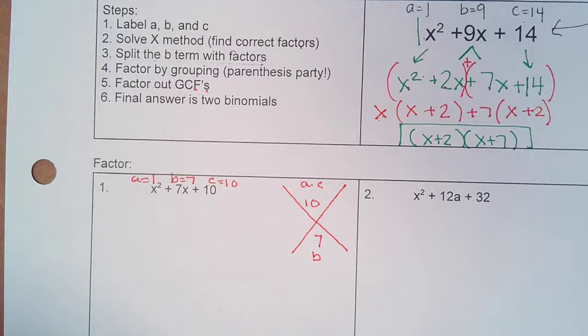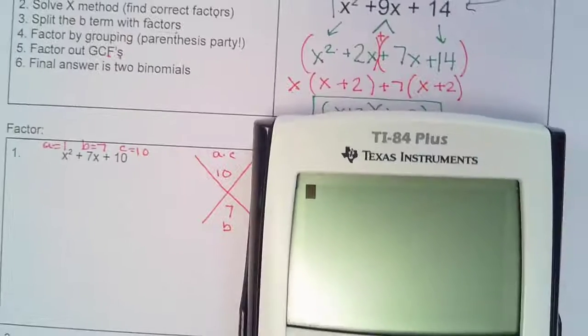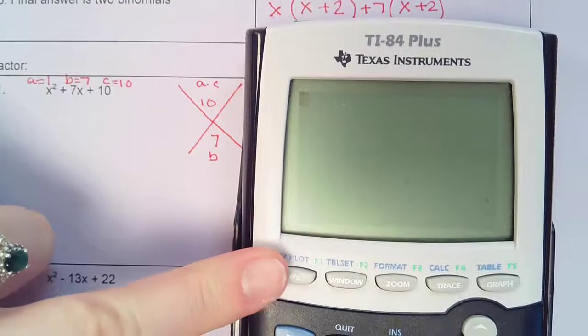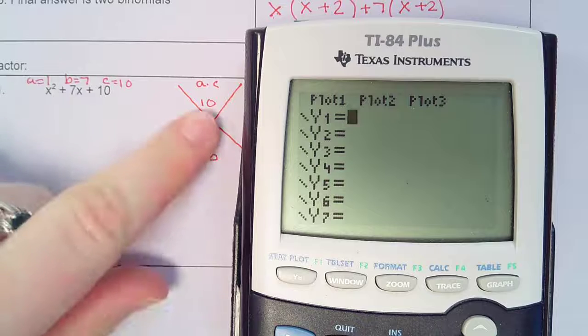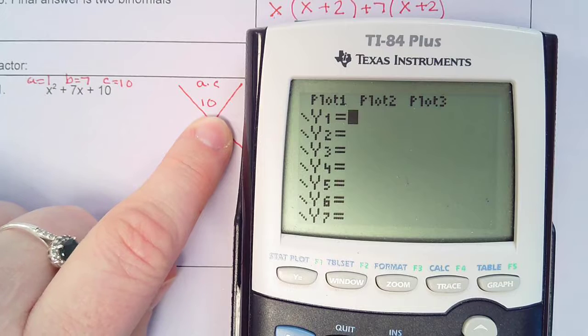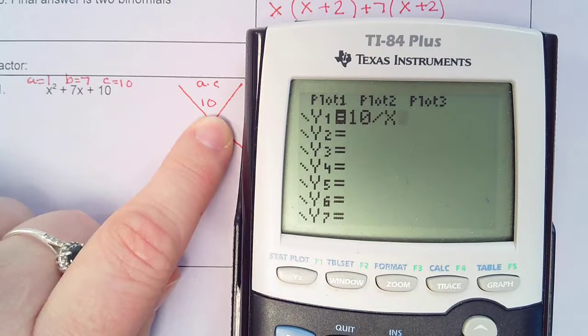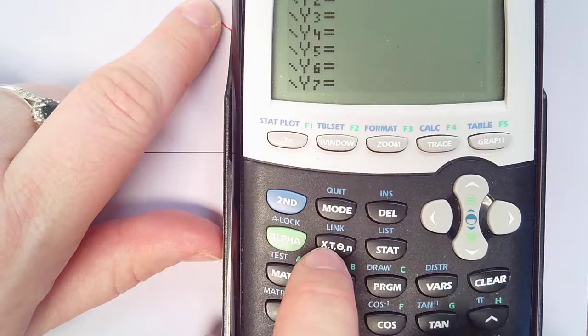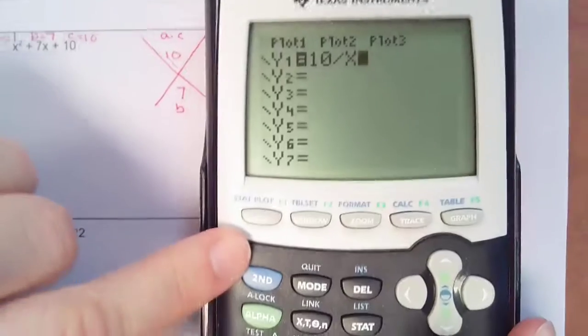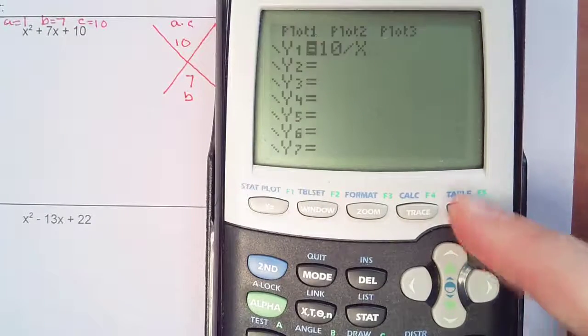We should know our factors of 10, but I'm going to show you a shortcut on how to find them in your calculator if you just kind of brain fart. If I grab my graphing calculator or your calculator on your iPad, press the y equals button and put in the number. We're trying to find factors of 10 here. I type in 10 divided by x, and x is the button right next to the green button, then I press the second button, blue, and graph.